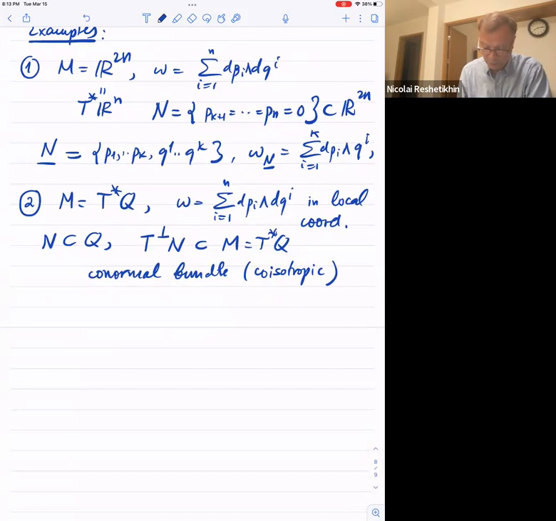And so the question is, what is the result of the symplectic reduction here? Does anyone have some guesses what it should be?